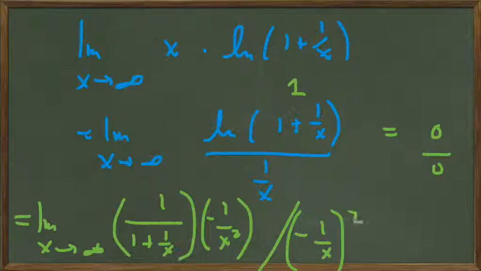And so we see that this and this cancel out, and we are left with the limit as x goes to infinity of 1 plus 1 over x.